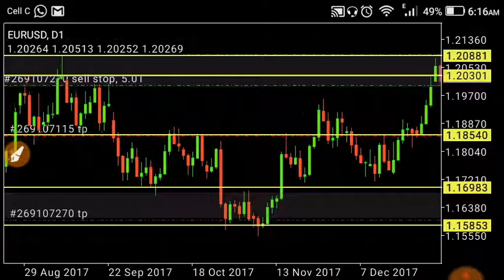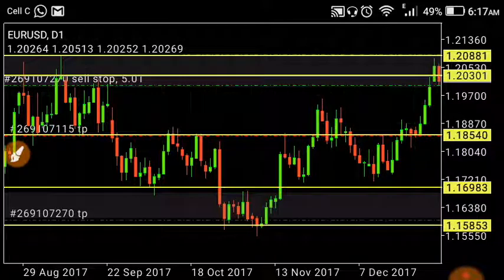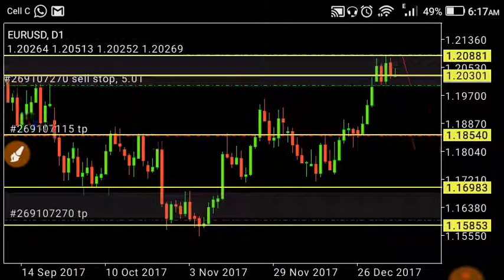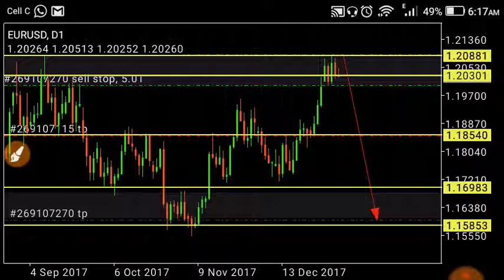But a doji on a daily chart is basically a very significant indication of a possible turning point, because this is the time frame that most institutional traders trade from. So it's good to practice trading this strategy on those type of time frames. And then you just basically swing trade and just wait for your profits to show themselves.